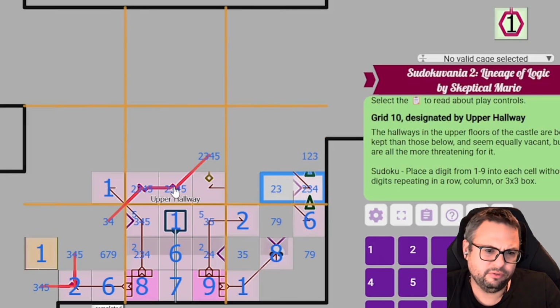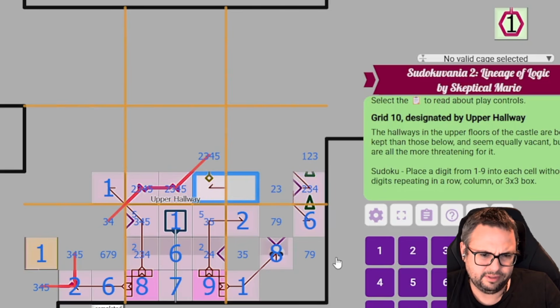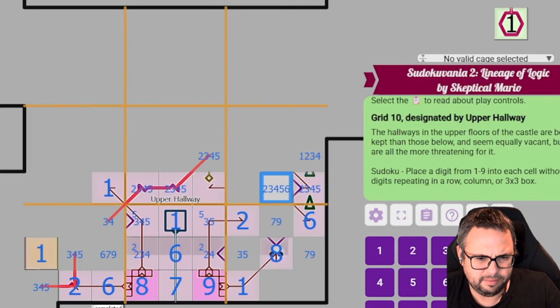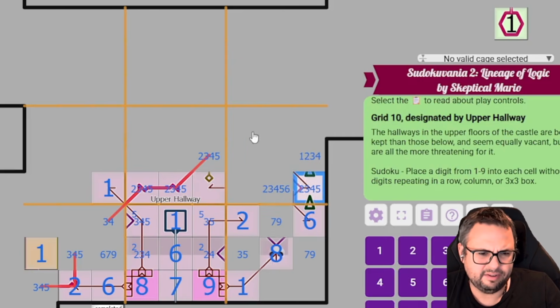This seems to be a 2, 3, 4, 5 in the row. No, something is wrong here, because now these are at least 6 and 7. Yeah, I think I've somehow gotten overly ambitious here with thinking about what I understand about this line. Maybe this line is some other kind of line.